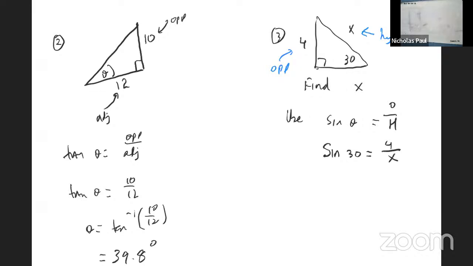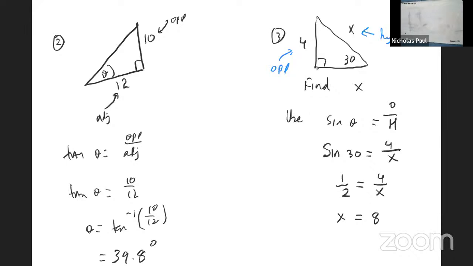No, no, you get a half. Right. Sine 30 is a half. So a half is equal to 4 over x. Two fractions equal, so cross multiply. 1 times x is x. 2 times 4 is 8. So the answer is 8.